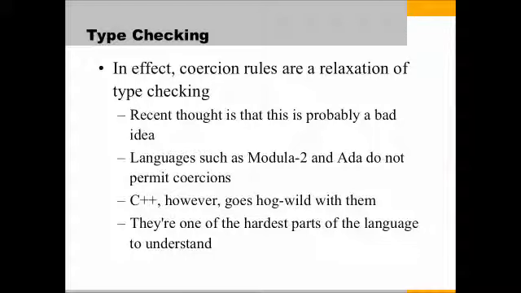So in effect, coercion rules are a relaxation of type checking because they go from strict type equivalence to just allowing type compatibility. And there's some recent thought that perhaps things have gone too far in the direction of language compatibility, and Ada does not actually permit coercions, but it's an older language and was one of those rigid languages that people did not like because you had to do a lot of explicit casting.